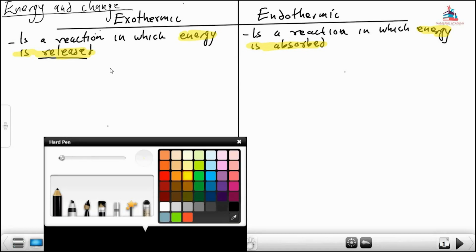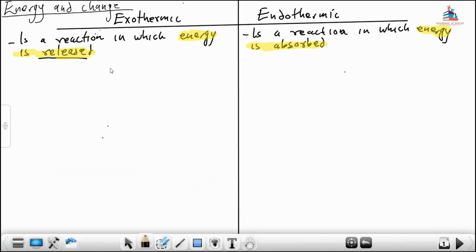Then point number 2 is when the examiner says to me, delta H is less than 0, or delta H is greater than 0.